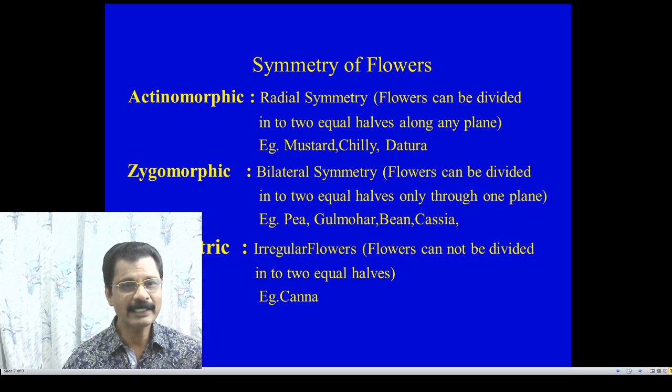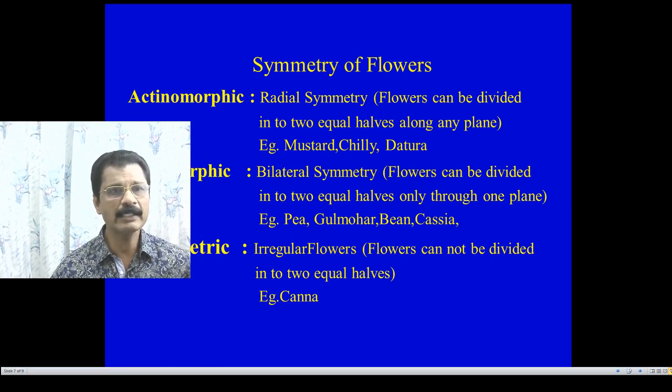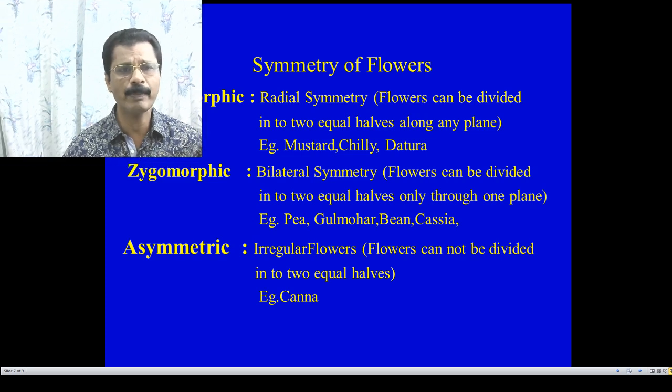Then zygomorphic flowers, otherwise called bilaterally symmetric flowers. Flowers can be divided into two equal halves only through one plane. Example, pea, gulmohar, bean, cassia.